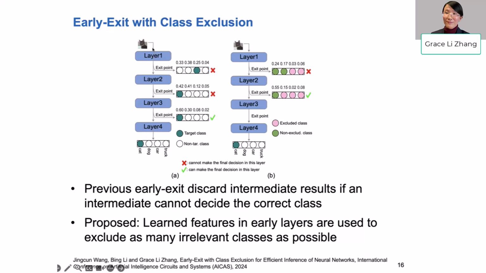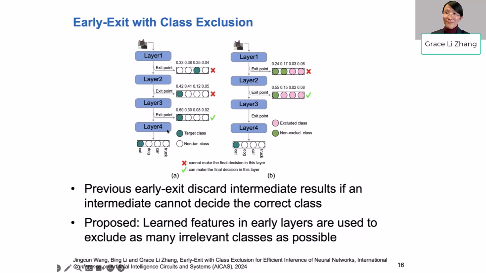So for example, at the end of each layer, you have a classifier like a fully connected neural network. At the first layer, you do some classification and check the probability. If the probability is low, meaning your confidence is low, you cannot make the decision. Then you go to the next layer and find that the confidence is still low. You cannot make a decision.